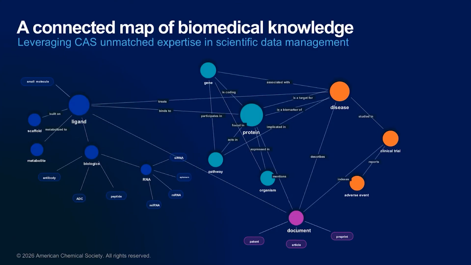Each of these major entities, ligand, protein, disease, can be an entry point into the broader knowledge base. And of course, we always want to incorporate document data too, so we can always trace that information back to the original publication sources.